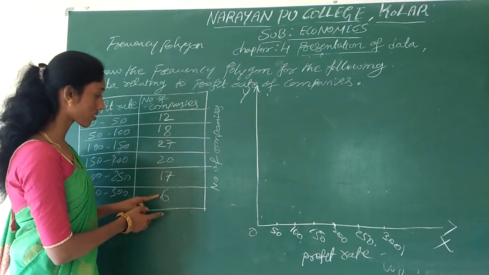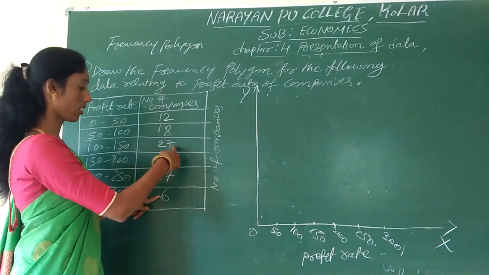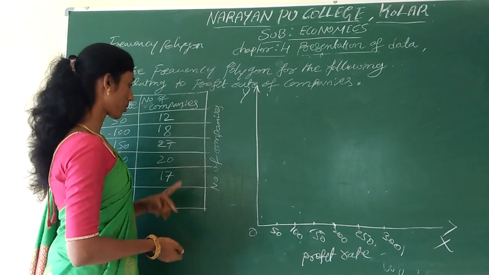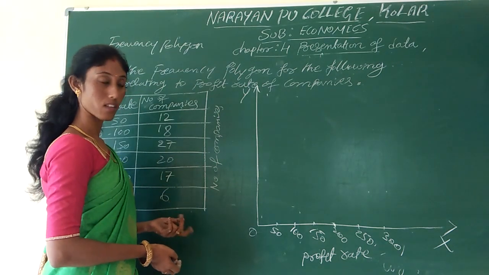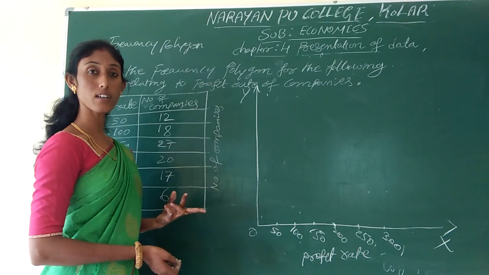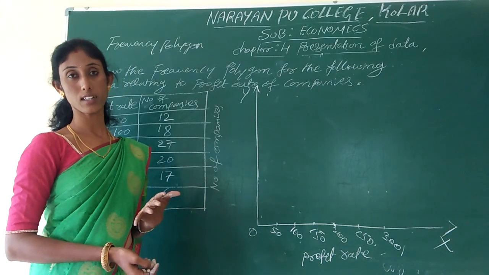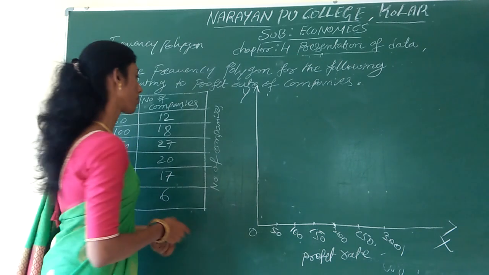Here, observe, what is the range of values? Our frequency, 6 to 27, is the highest. Then we can't take 1 as a class interval. Then we can take 2 as a class interval or 5. Okay?